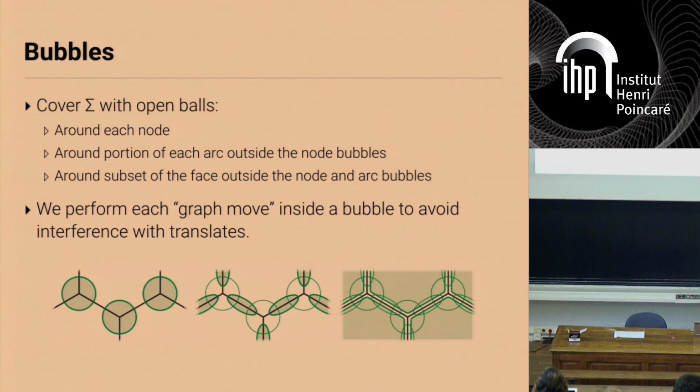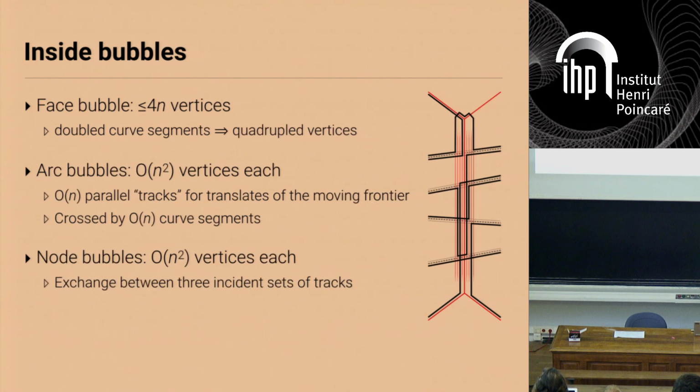In particular, we do our face moves inside an inset open neighborhood of the face. We do our node moves inside open neighborhoods of the nodes, and we do our arc and spike moves inside open sets that avoid the endpoints but otherwise cover the edges. And some analysis. This is where more factors of n creep in.